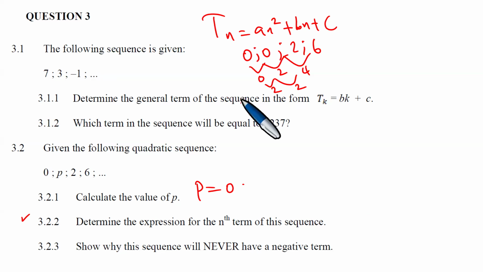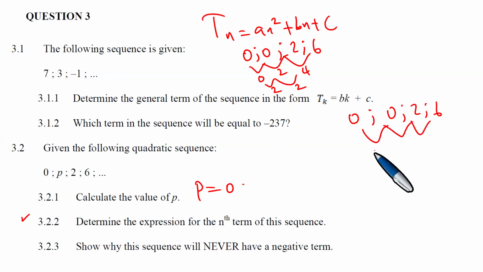Now here you're getting 0, 4, 2, 2, which means 2a is this one, 3a plus b is this one.